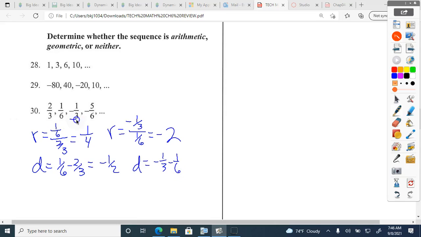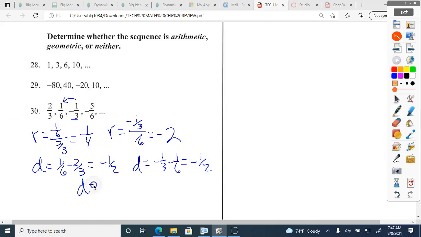Again, I'm just subtracting a number minus the number that comes in front of it. -1/3 minus 1/6 is -1/2 as well. I think we might have a winner.